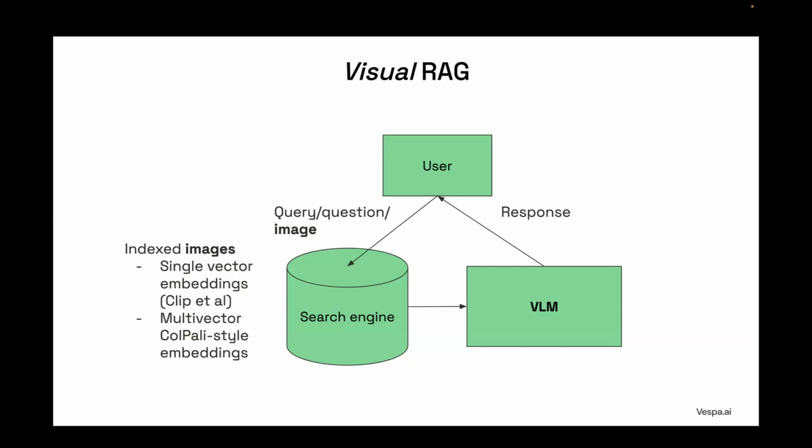For that, single vector images might be good. But when you have complex information like this with a lot of text as well, then you would want to do multi-vector, ColPali style embedding. So I will get back to ColPali and that model and direction soon.